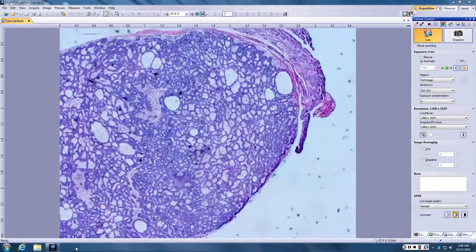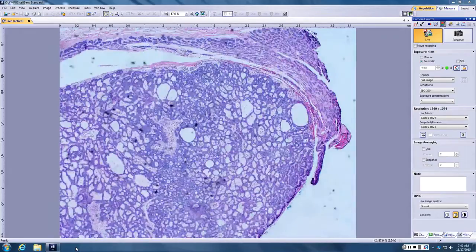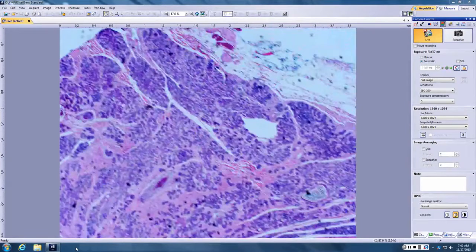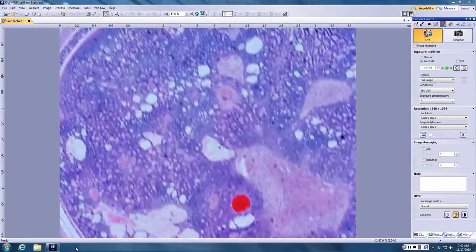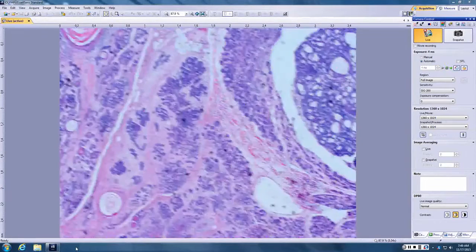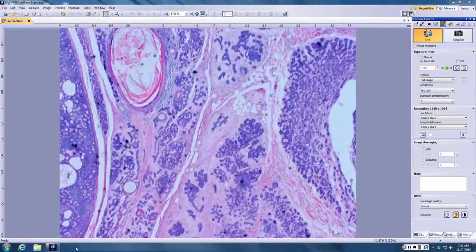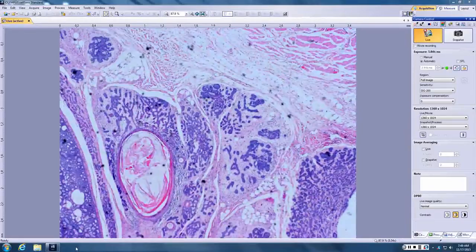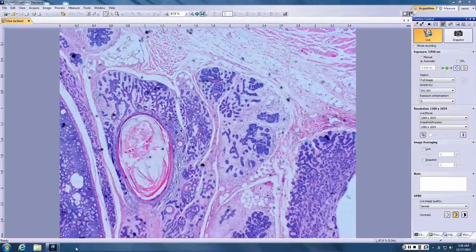Okay. So you have a dermal nodule that's not really well circumscribed, mostly basaloid with some cystic structures. Very good.